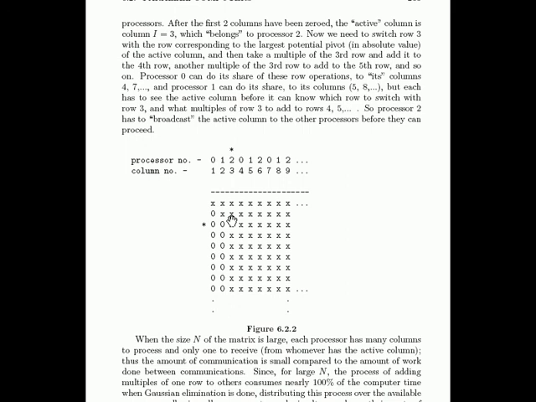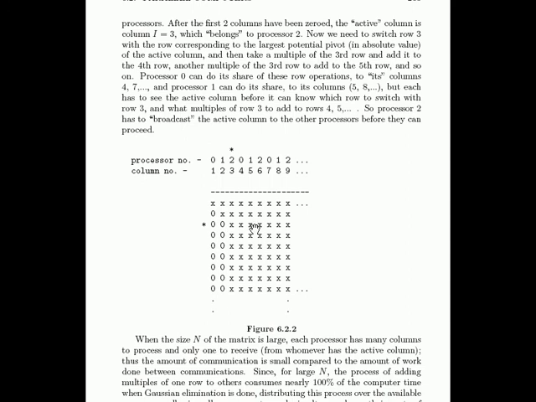When you take a multiple of the third row and add it to the fourth row, processor 0 can take that same multiple of its third row and add it to its fourth row in its columns, and processor 1 can do the same to its columns. So they can distribute the work that way, and basically the innermost do loop is cut into 3 parts, each doing a third of it, and that will speed things up a great deal. However, the catch is that everybody needs to know the active column.